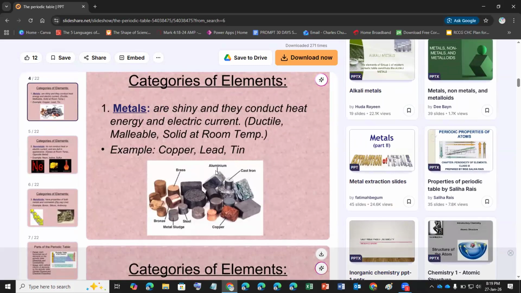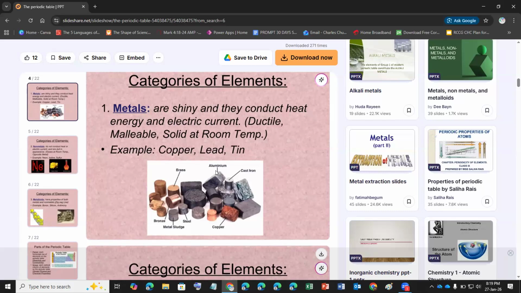Now, does it mean that there's a temperature at which you could make mercury become a solid? Yes. All you need to do is keep on reducing the temperature, freeze it, and it will become solid.